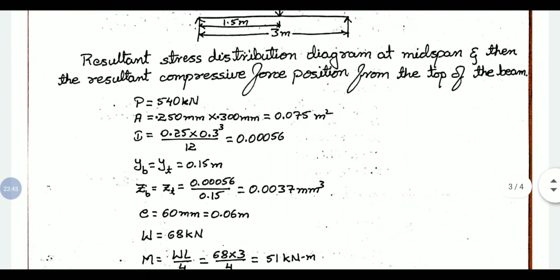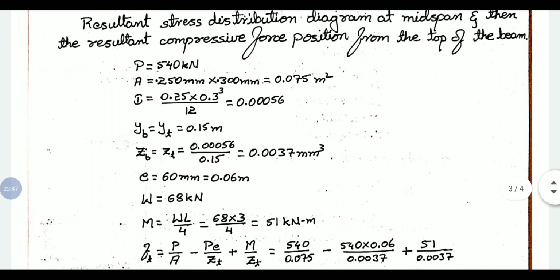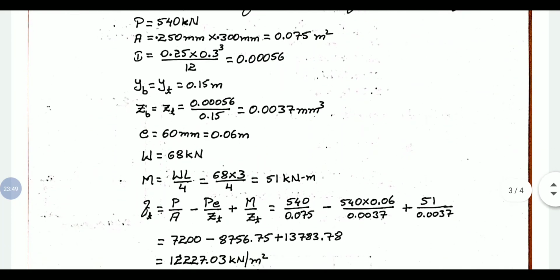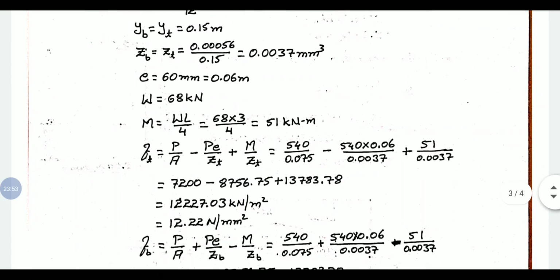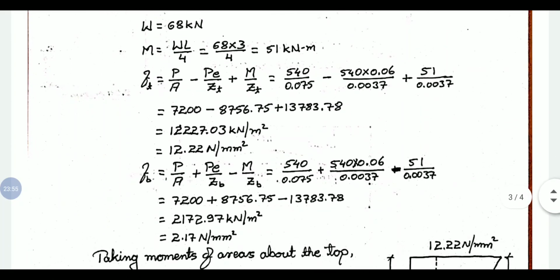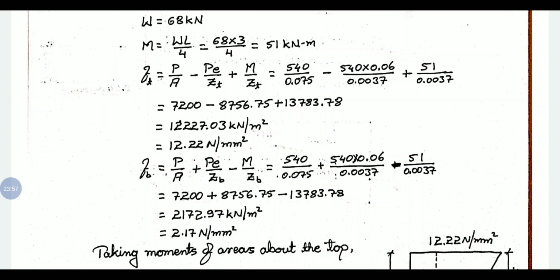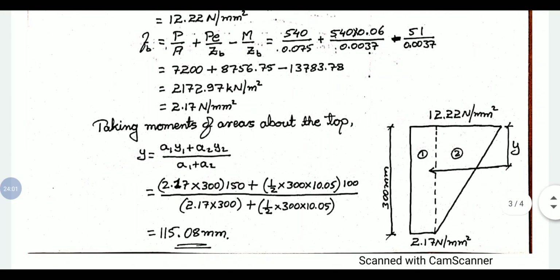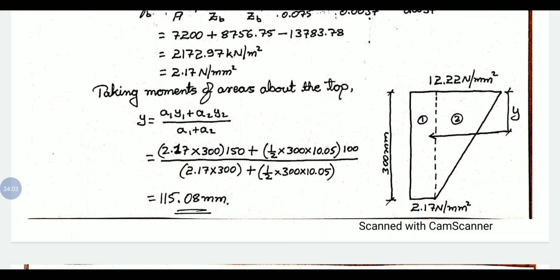Then since we do not have dead load, directly we have calculated the moment for live load, that is WL by 4 since it is a point load. Then FT and FB, top fiber stresses and bottom fiber stresses, have been calculated.